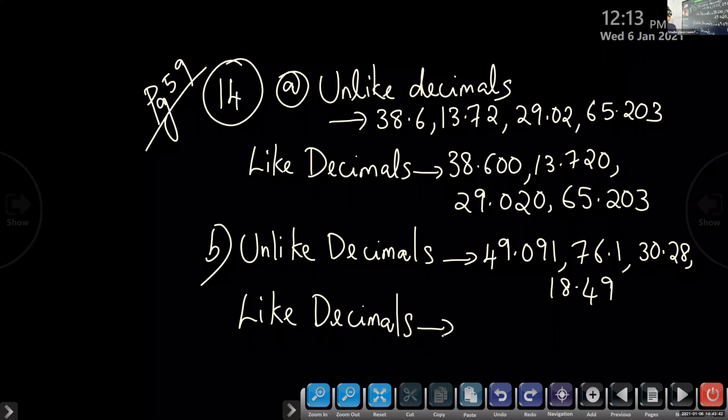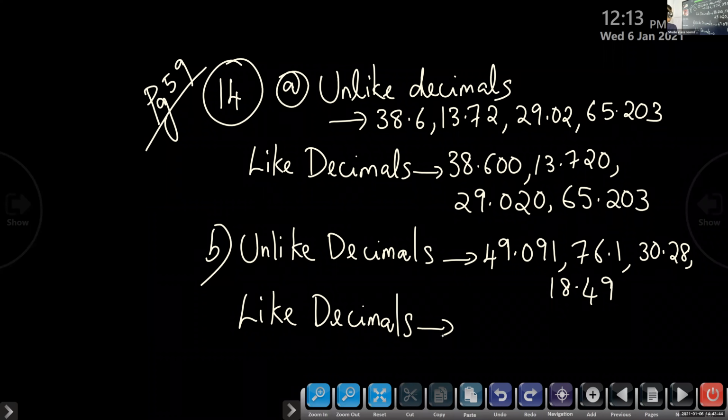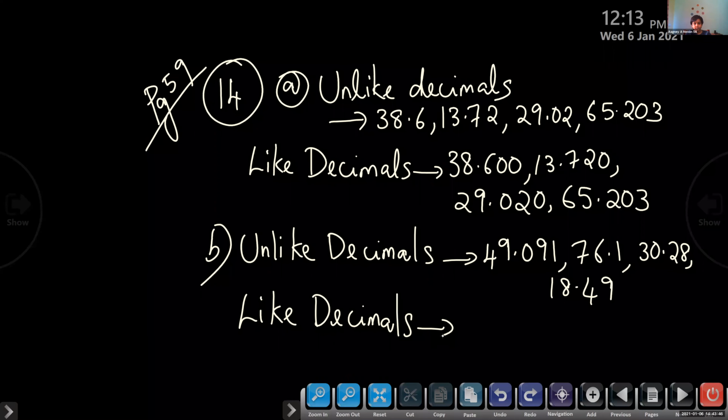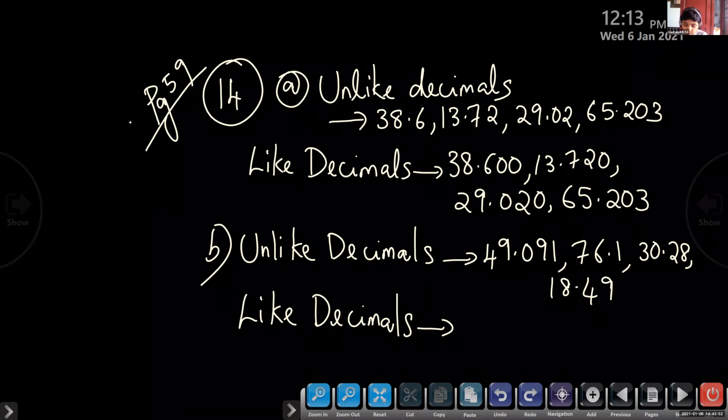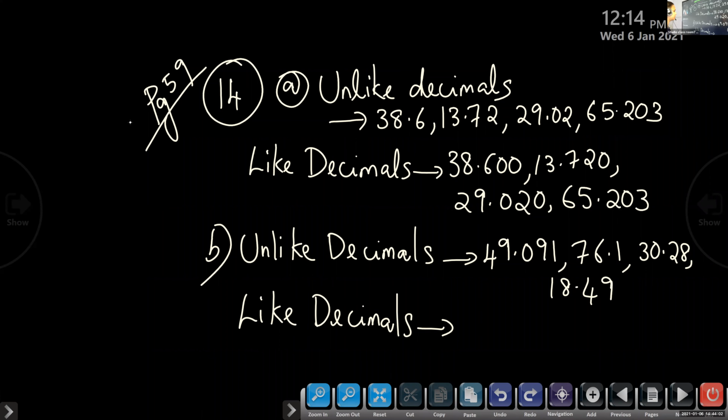Gautam finished? Ma'am, finished. Okay. So Gautam, can you say which number has the maximum number of decimal places? 49.091. How many decimal places? 3. So we had to make all the numbers with 3 decimal places.